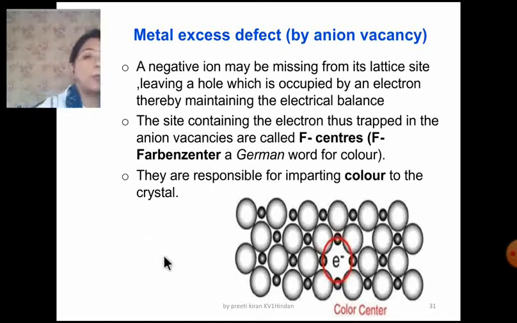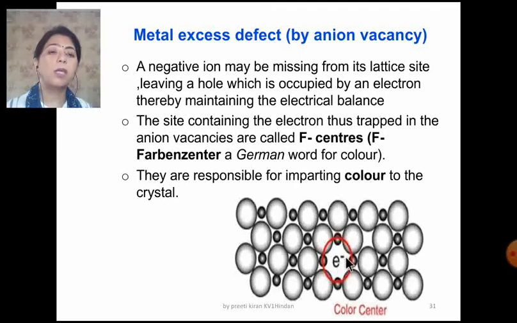Now let me explain this. Now actually what happens? Suppose this is a crystalline solid. Now this is the position which was assigned to an anion. Now the anion is missing. And what is there now? The anion vacancy. Now this anion vacancy is occupied by an electron.